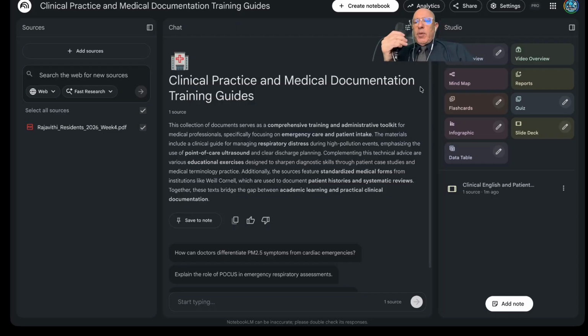I've put in this PDF, and let's take a look at what has been created here with Google's Notebook LM tool. A lot of applications, and this is not the ideal application. Let me double check my screen. Okay.